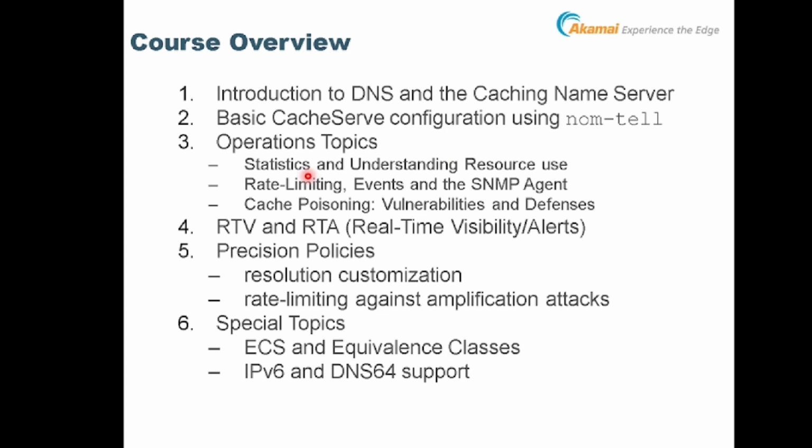Specifically, we'll reintroduce the statistics that one can obtain from the server, and we will learn how to interpret those statistics in terms of how CacheServe is using the computing resources and network resources of the host.